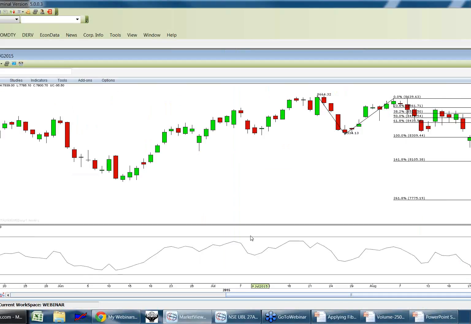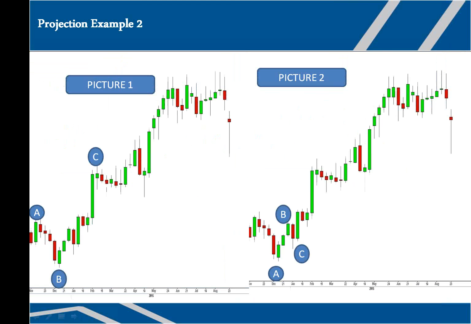You can see here. Is everyone clear with this? Any questions on retracement, projection or extension? Great. What about this one?